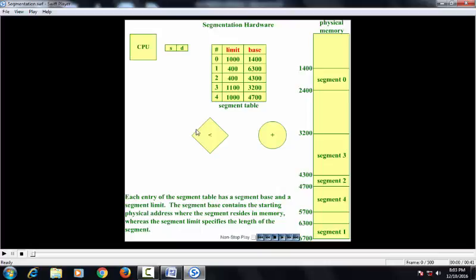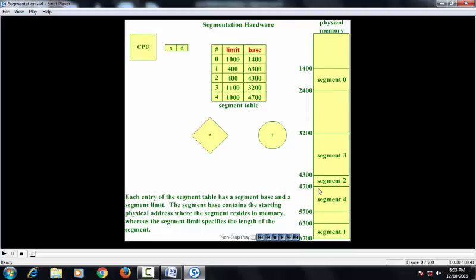After translating successfully, the logical address is converted into a physical address via adding something. Now what is the entity which is being added and makes the physical address of the segment? We will go further. So these are some entities.